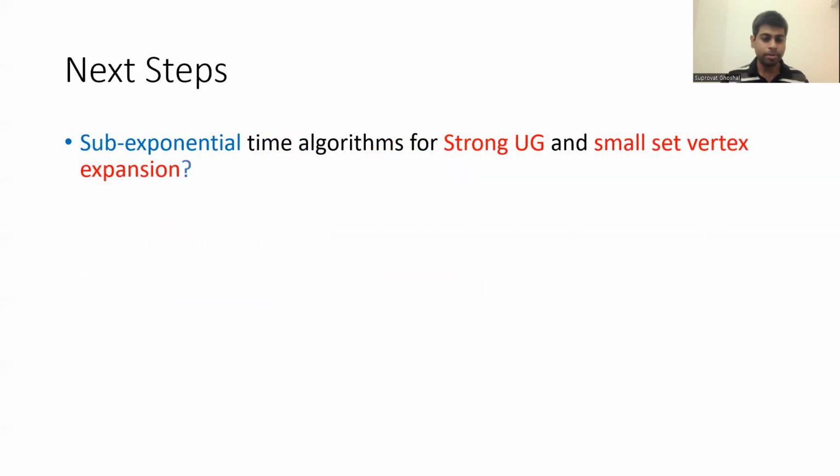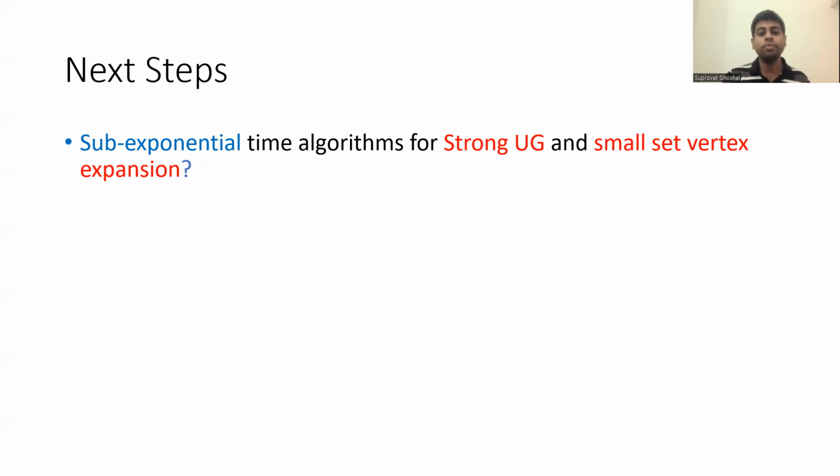Now, as a last step, let me just mention some interesting, immediately relevant open questions. The first open question here is, can we get sub-exponential time algorithms for strong unique games and small set vertex expansion, which is the analog of the edge expansion problem for strong unique games?